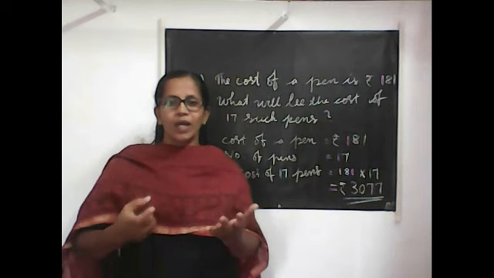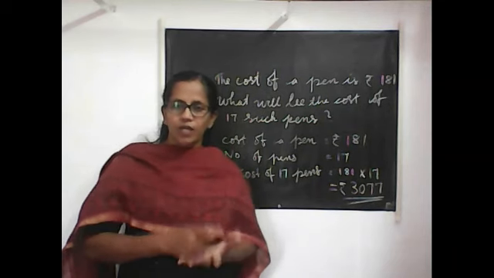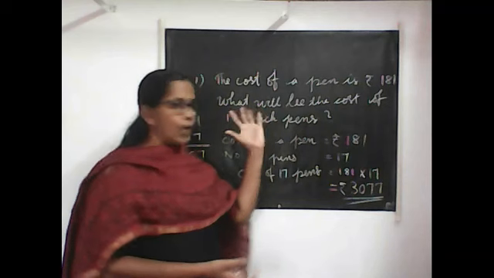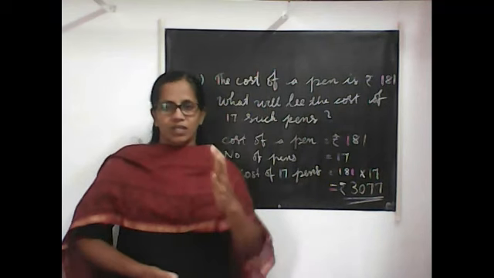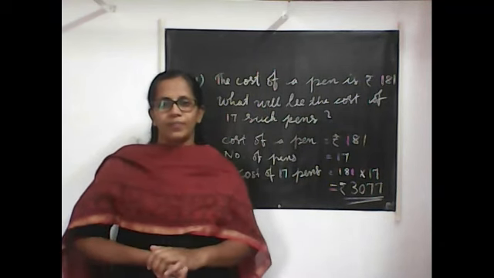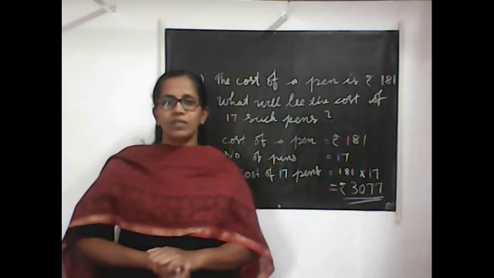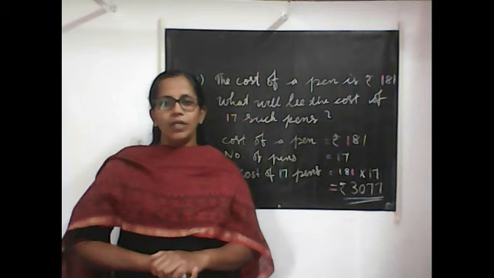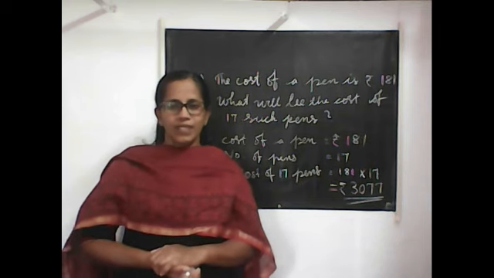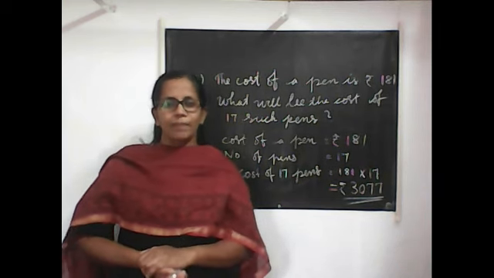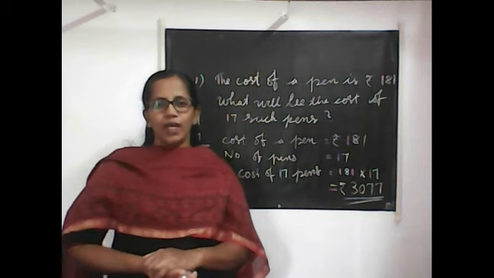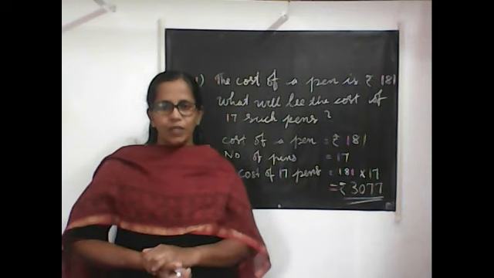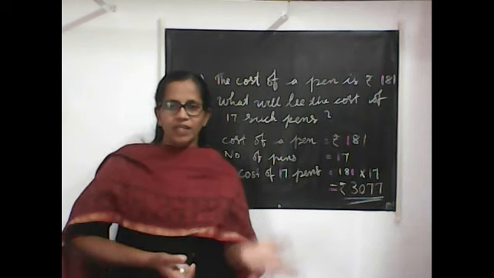That is the way you have to identify whether it is multiplication or division. It is not necessary that the question will always be about cost; a number may be given. Only those questions from the textbook, the ones I have given you as assignment and in the notebook, you have to practice. That is enough for you. I hope you will do it well, and you are able to identify whether it is multiplication or division.